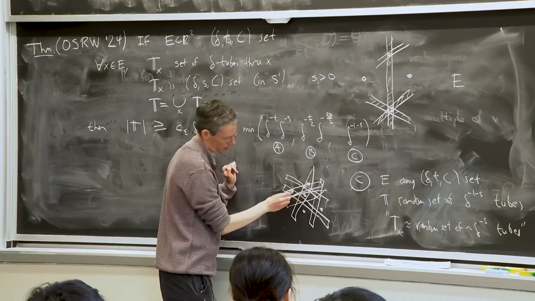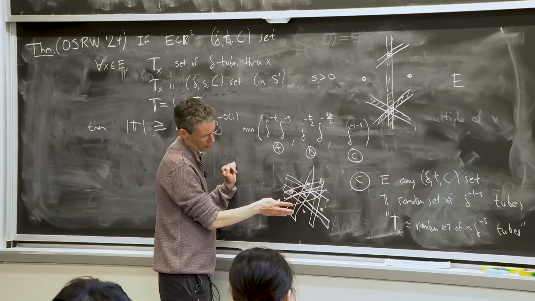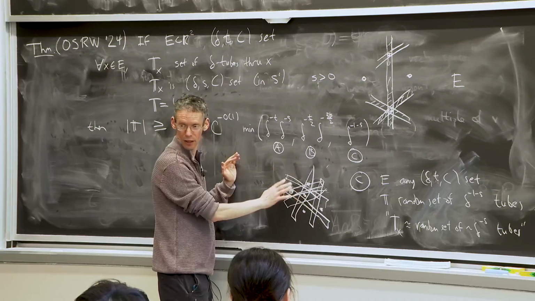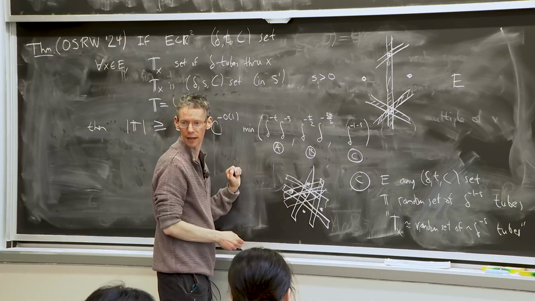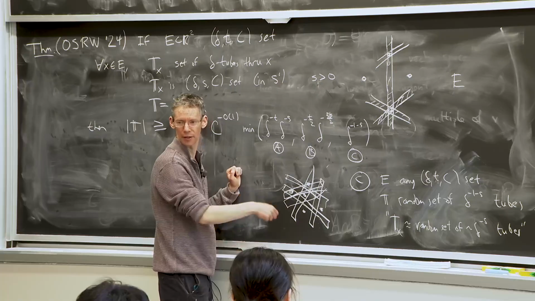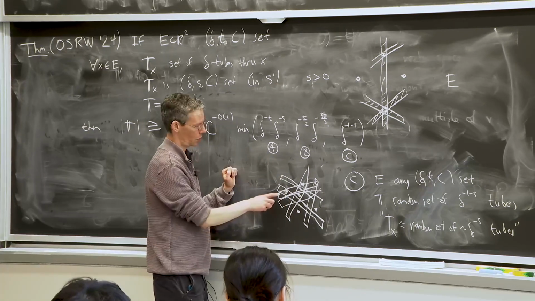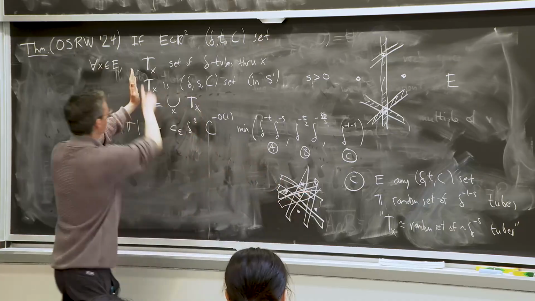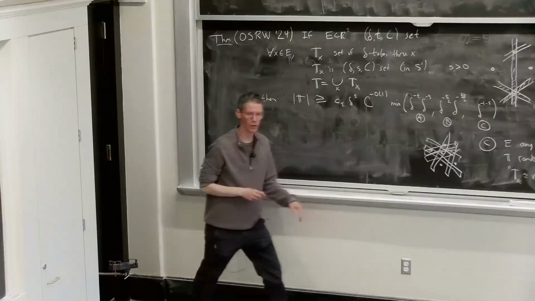So let's say I do that. So I have about m tubes going through this point. Now, what directions will they point in? Well, they'll point in random directions. And a random set is a delta S set, where delta to the minus s is the number of points. So that's why we have this. OK, other questions or comments?